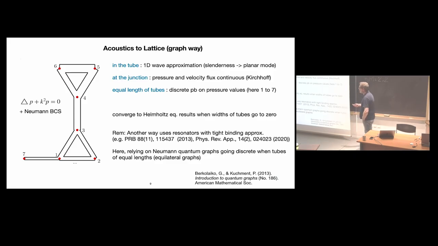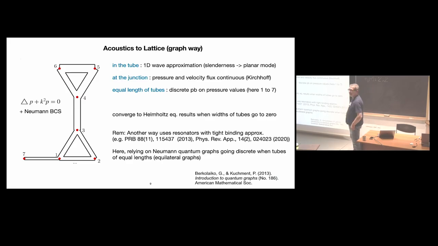So what we are doing here, I call it a graph way, in fact. Sampicos, for instance, is a native expert on graphs. We are just using a graph approach on a Neumann quantum graph, even simpler than the Dirichlet quantum graph, where we know that when the slenderness is going to 0, so when we take thinner and thinner tubes, we converge to the exact solution of Helmholtz.